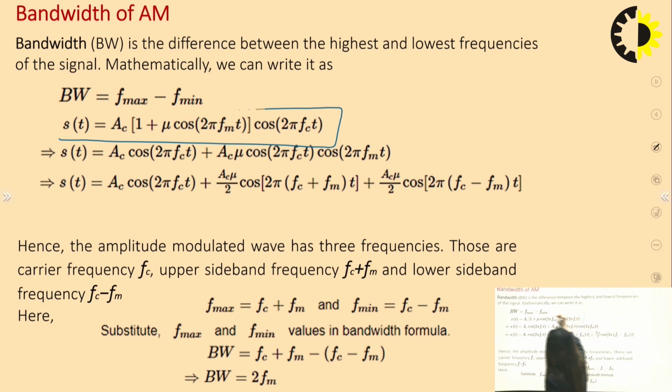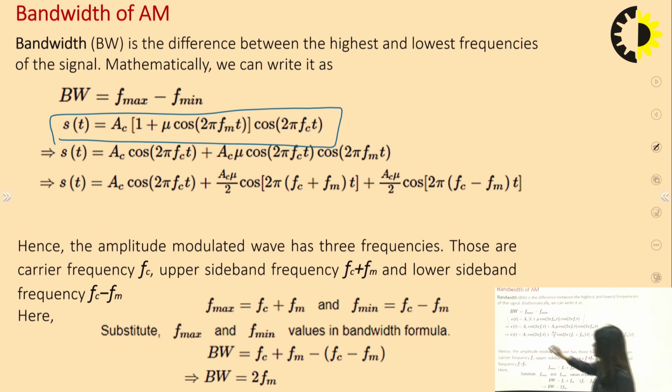We are going to open it using the cos A into cos B formula. This gives AC mu by 2 cos 2 pi (FC plus FM)t, and one more term, AC mu upon 2 cos 2 pi (FC minus FM)t.